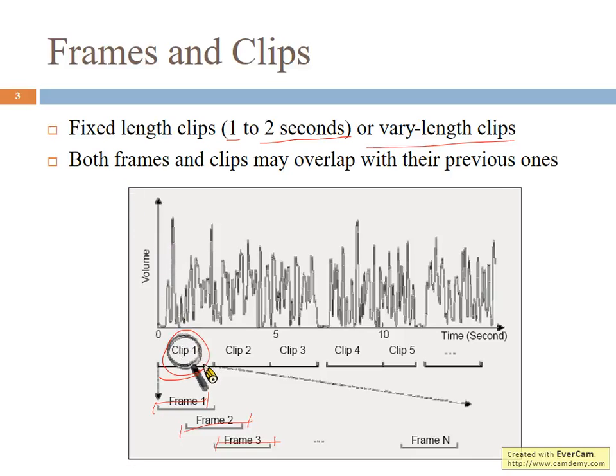How can we extract clip based features? Basically, we find the distribution of the frame based features, or some statistic of them, to form the clip based features. Both frames and clips may overlap with their previous one. In this example, the two consecutive clips do not overlap, but sometimes we can also design an overlapping version like this.